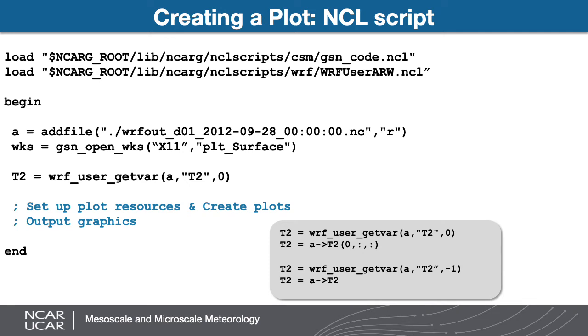If we want to read all the times, here's an example of how to do that using wrf_user_getvar. We point at the file a, say T2, and then the -1 will read all of the times. If you don't want to use the WRF specific function, you can say a pointing to T2, and that's it. It'll read in everything.